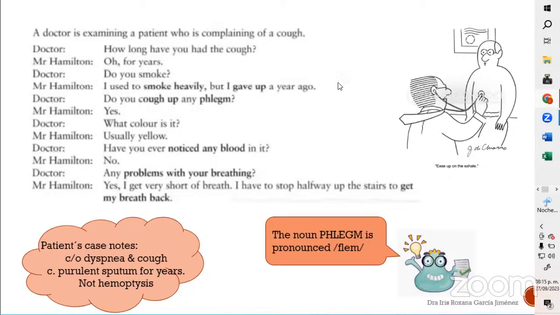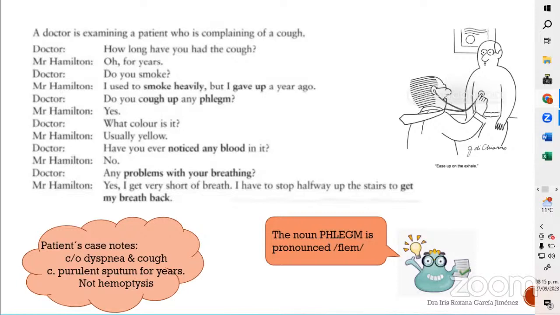How long have you had the cough? Oh, for years. Do you smoke? I used to smoke heavily, but I gave up a year ago. Do you cough up any phlegm frequently?